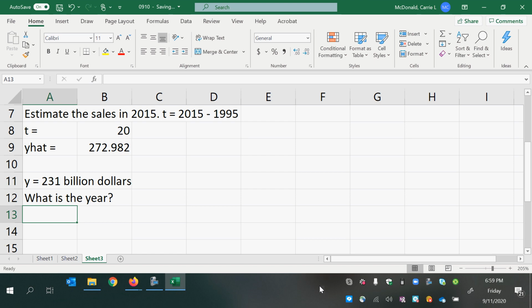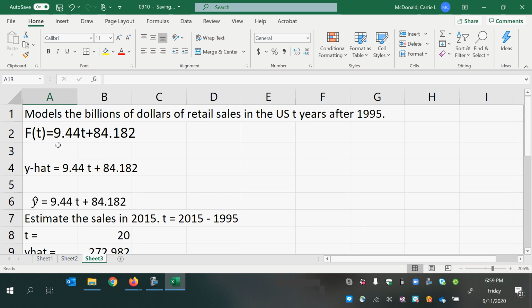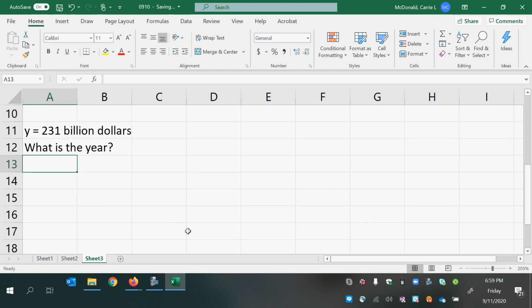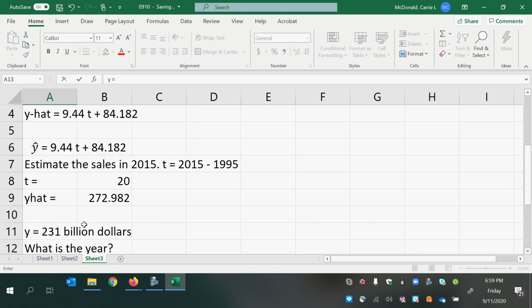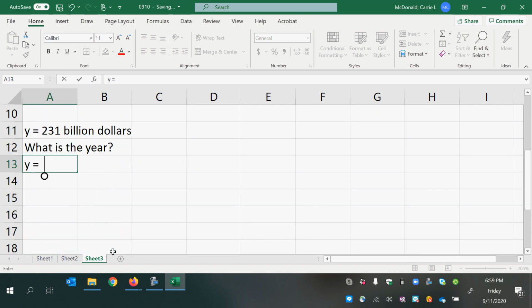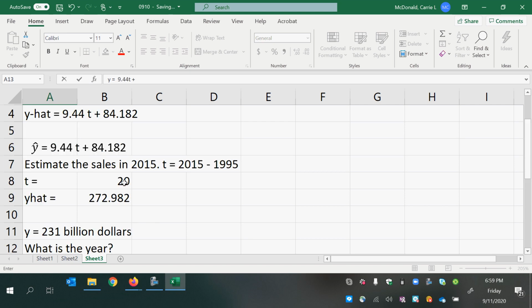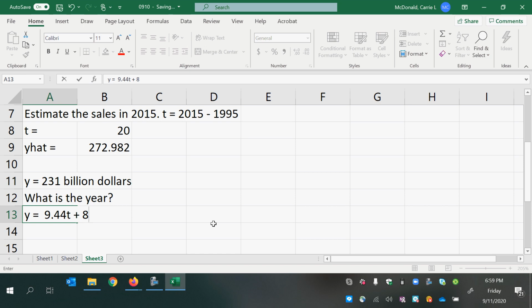Okay, since t is the year, let's take that original equation, y equals 9.44t plus 84.182, and solve for t, because this time I want to estimate t. So we're going to get t alone, and we're going to have t hat instead of y hat. We're going to make an estimation of the number of years that would have passed.